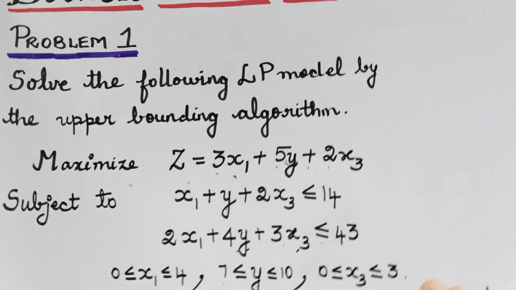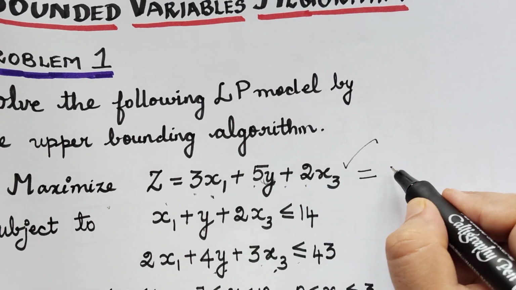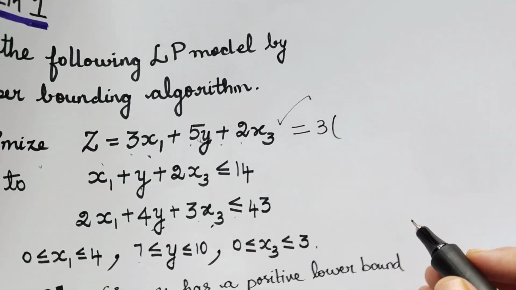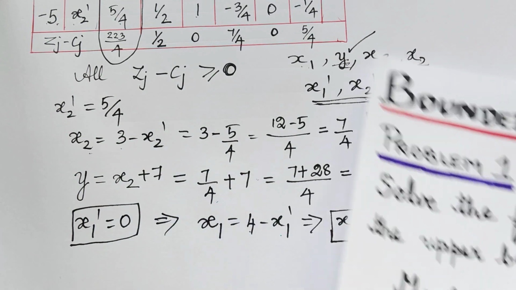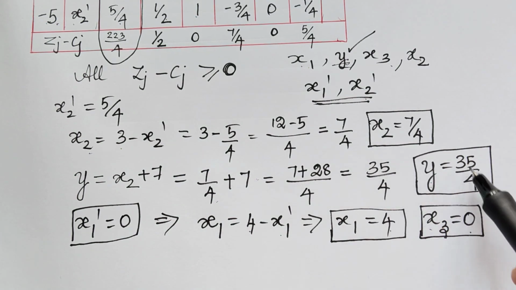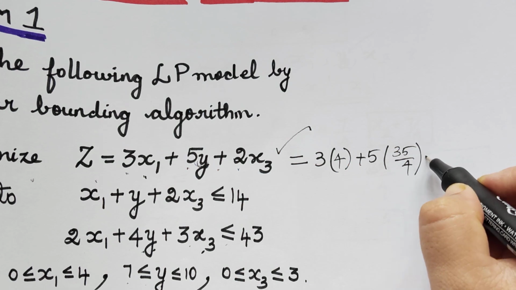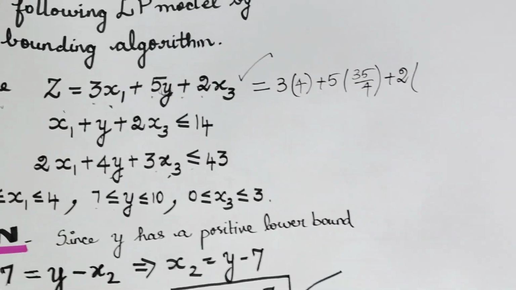So when we go back to the question, we need max z, and so that is equal to 3 multiplied with x1. What is x1? x1 is 4, so we shall substitute that, plus 5 multiplied with y. What is y? y is equal to 35 by 4. So 35 divided by 4, plus 2 multiplied with x3. What is x3? It is 0.